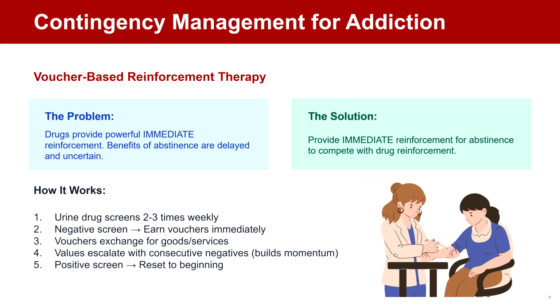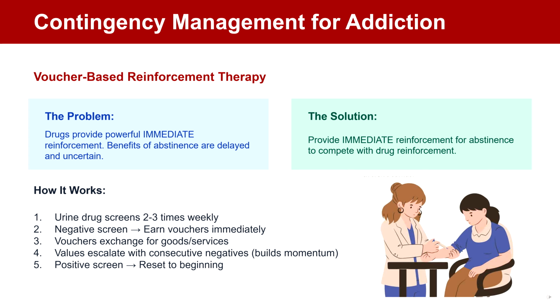For substance use disorders, contingency management directly addresses the core problem. Drugs provide powerful immediate reinforcement while the benefits of abstinence are delayed and uncertain. Voucher-based reinforcement therapy provides immediate reinforcement for abstinence. Clients provide urine drug tests 2 to 3 times weekly.